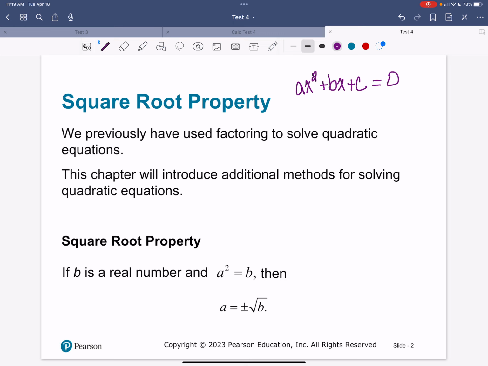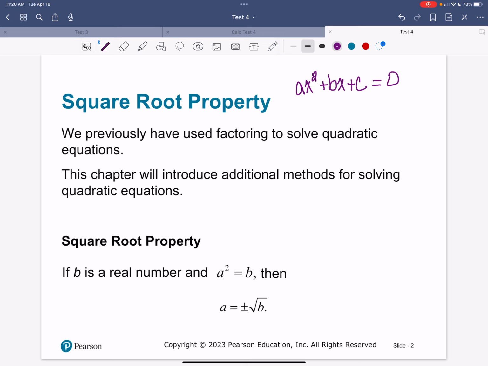The way that we have learned to solve them this semester is we have factored them. But sometimes they can't be factored, so sometimes we need another way to solve them.